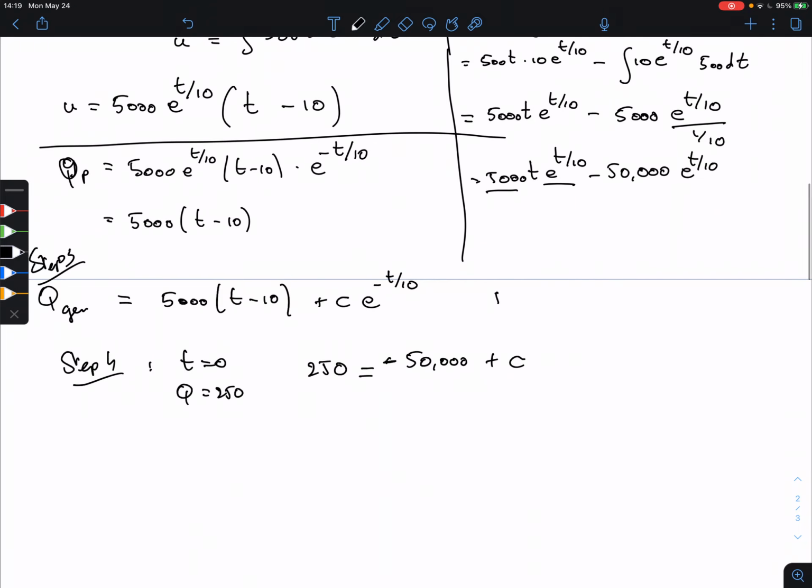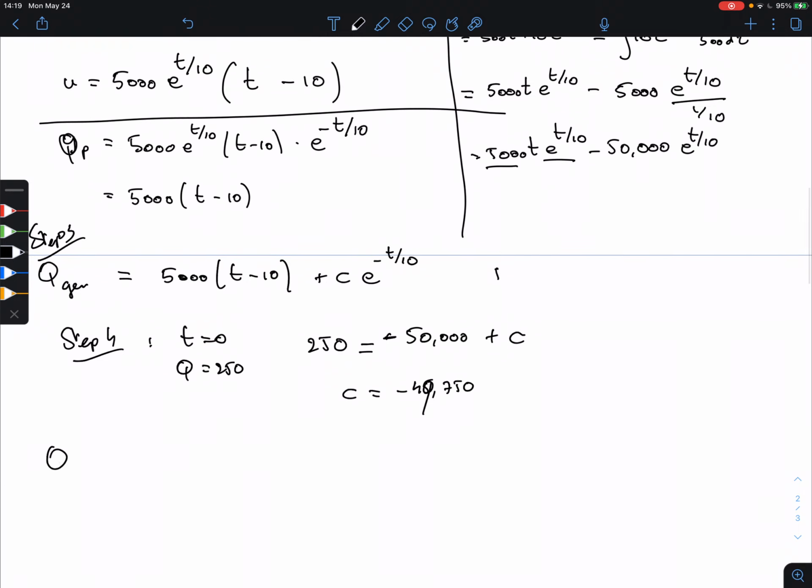So we see that C is equal to 50,250... did I do that? No, 49,750. Okay. So the actual solution is 5,000 t minus 10 minus 49,750 e to the minus t over 10.